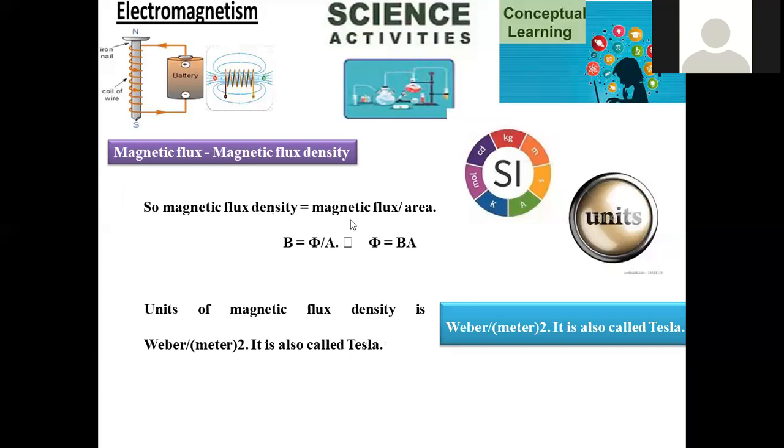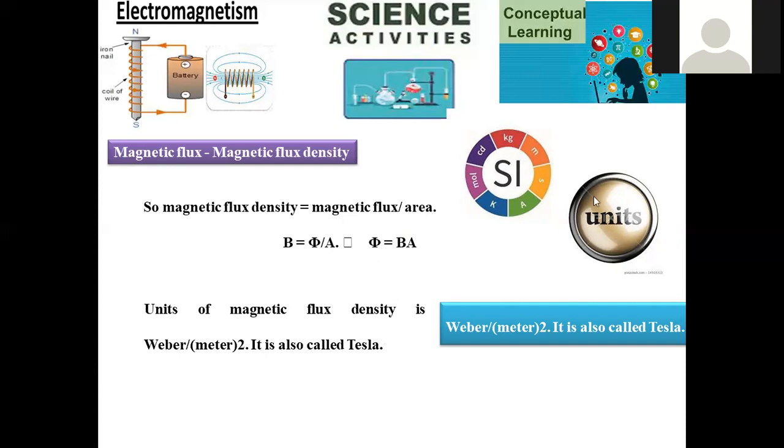Magnetic flux density is mathematically represented as the magnetic flux taken as a ratio of area. Area is denoted with A, and magnetic flux is denoted with phi. So now B is equal to phi by A. If you want to identify magnetic flux from this equation, phi is equal to B times A, where B denotes flux density, multiplied with area.